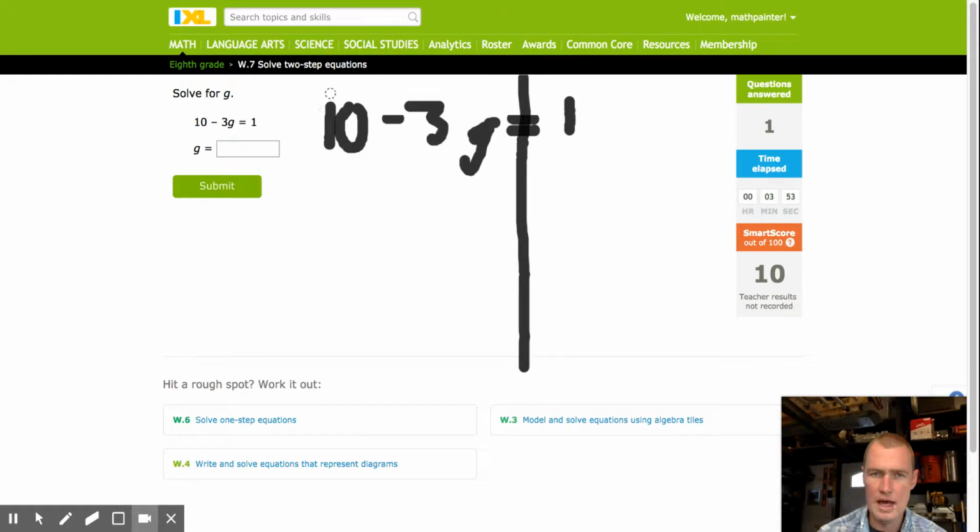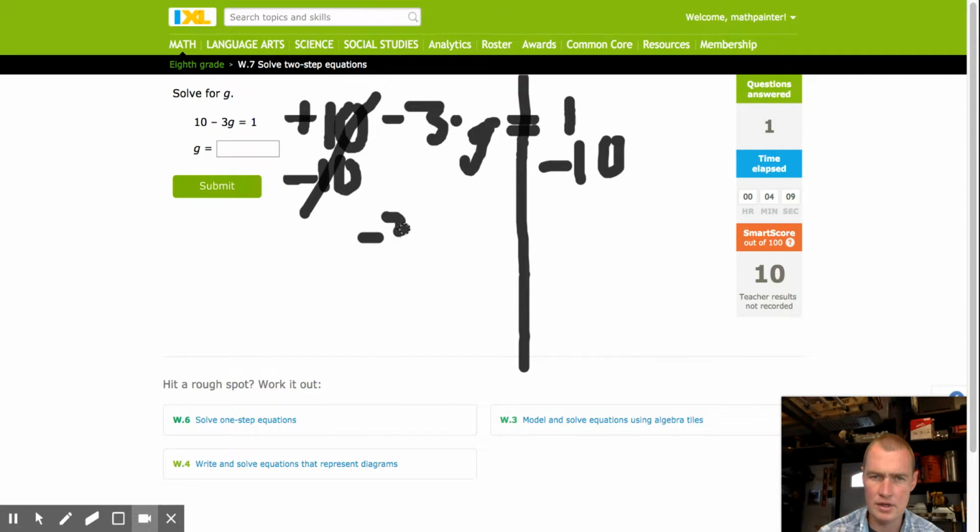All right. Add and subtract first. The positive 10 has to go before the dividing of the negative 3. So here we go. Minus 10, minus 10. And now the 10s are out. Negative 3 times g equals 1 minus 10, which takes us to negative 9. Negative 3 times g gives you negative 9.